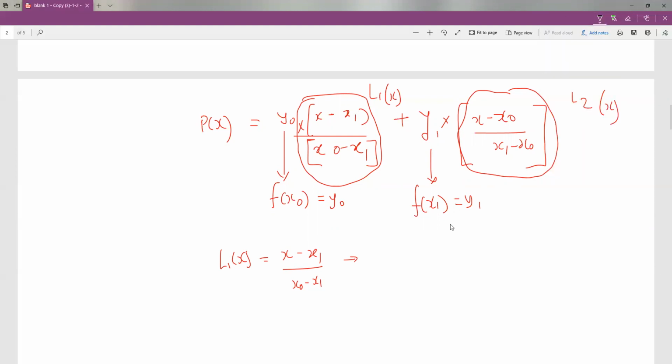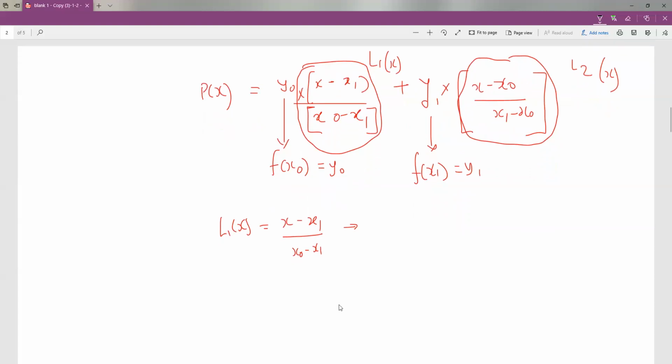Now we try to evaluate this at x equal to x0. So at x equal to x0, what we get is x0 minus x1 over x0 minus x1, and this remains as it is. It gives me 1.